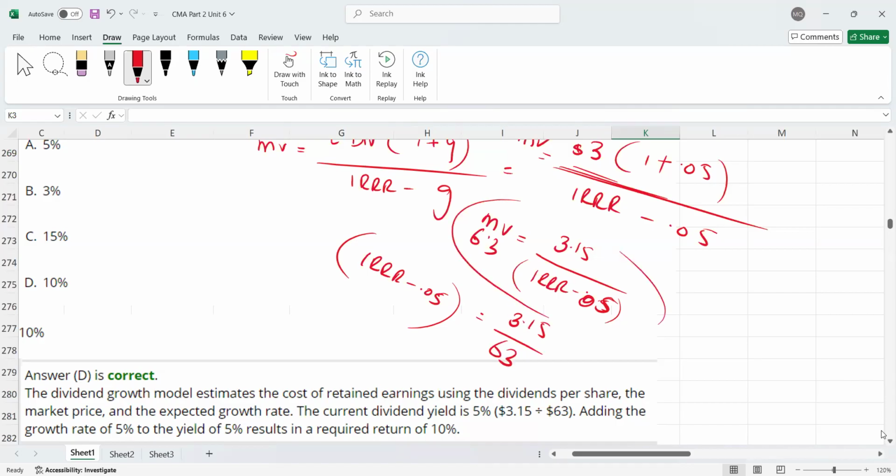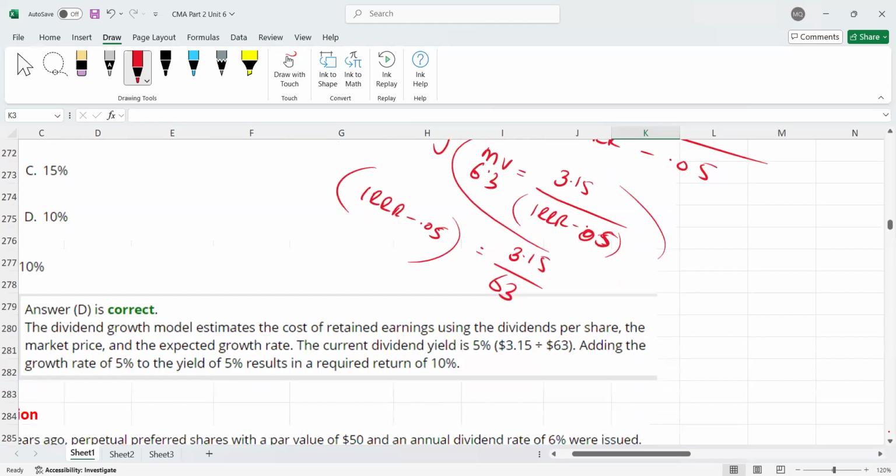Now, how would you solve 3.15? The investor's required rate of return minus 0.05 equals 3.15 divided by 63, which is 0.05.